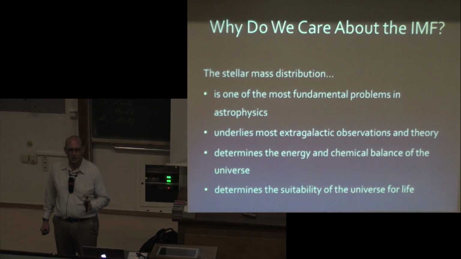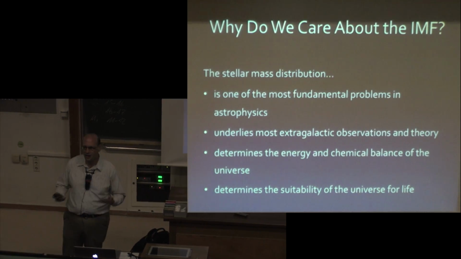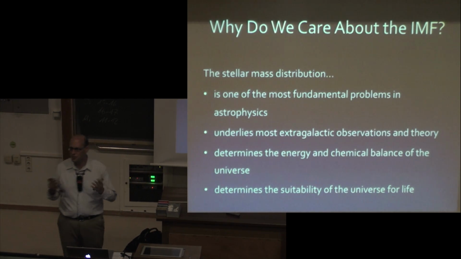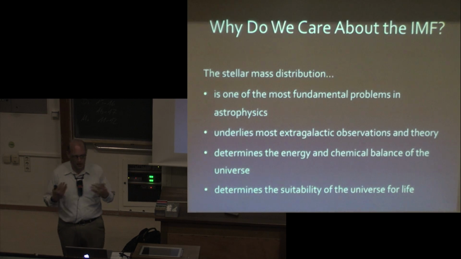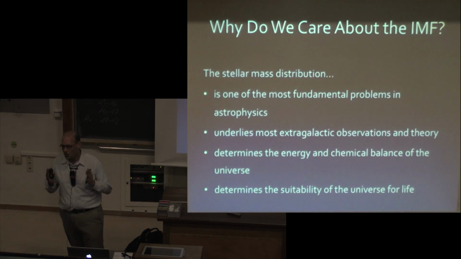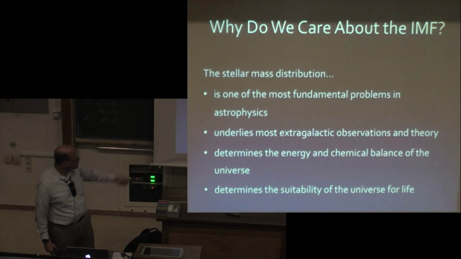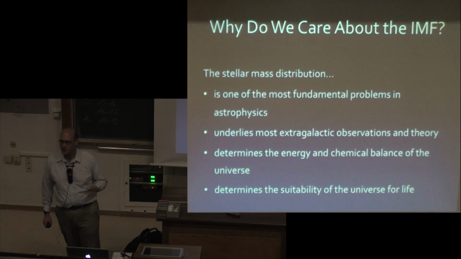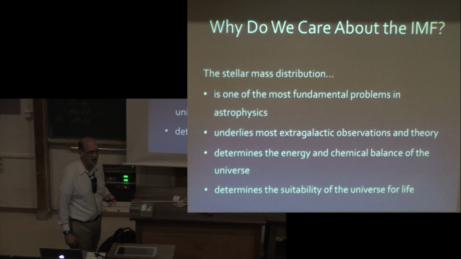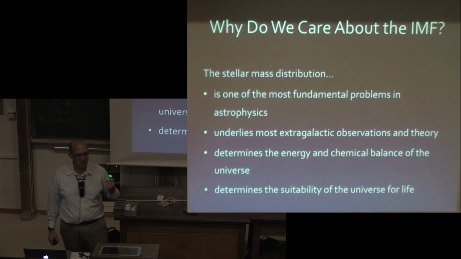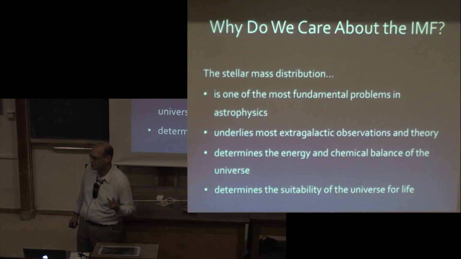Similarly, if you're doing theory and you want to think about, for example, how galaxies form, well, the contribution of stars to stellar feedback to the energetics of the ISM is all determined by the IMF, and that's the next point. The IMF determines the energy and chemical balance of the universe, and the reason is that there are two significant sources of radiant energy in the universe: black holes and massive stars.